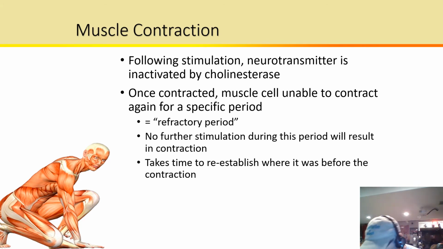Now after this contraction occurs, if it's significant enough, sodium's on the inside, potassium on the outside, which is not the way it's supposed to be. So we have to have some type of a pump, which is active transport, to transport the sodium back outside the cell and the potassium back to the inside of the cell, which means there's a period of time where that muscle's not quite right, and that's what we call the refractory period.